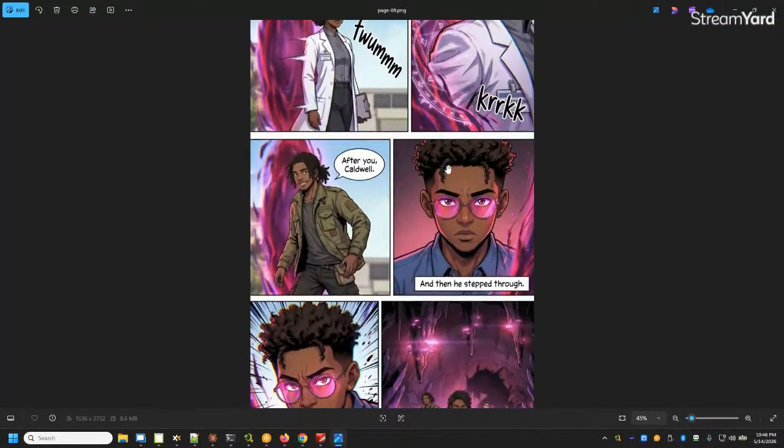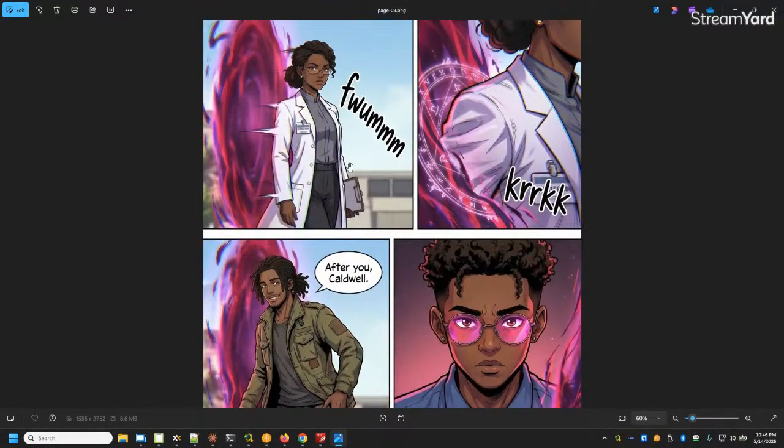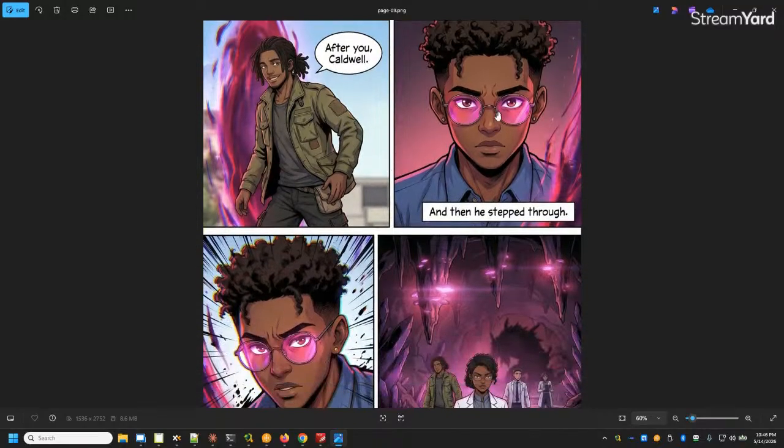And again, with the consistency issues, it looks like she's being sucked in against her will, and then she's walking backwards into the rift, which is kind of cool. I actually like this. I don't know why there's a spell hexagram there, but okay, whatever. And then Cuss is heading into it, and so is Andre. I don't know where he got the glasses from, but I'll take it.